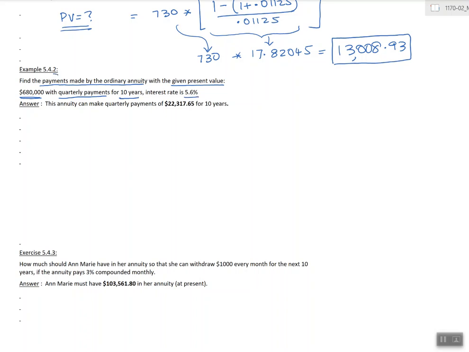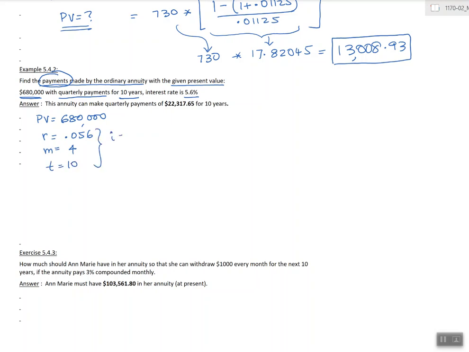The question is, find the payments that it can make. So this time I know the present value, and the rest of the things are pretty standard by now. M is 4 and time is 10 years.